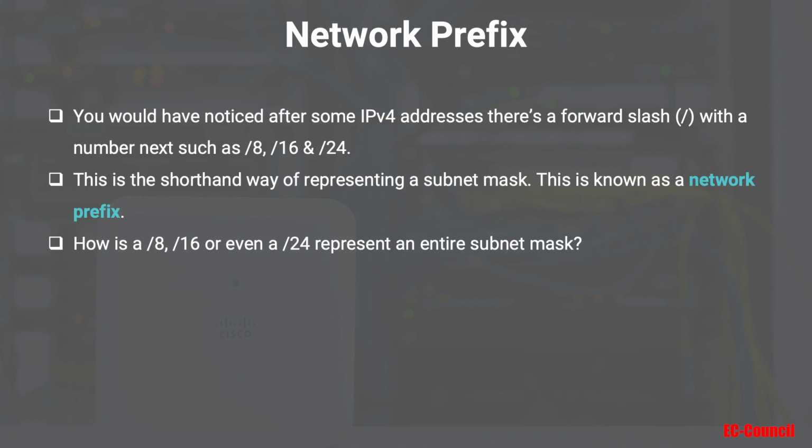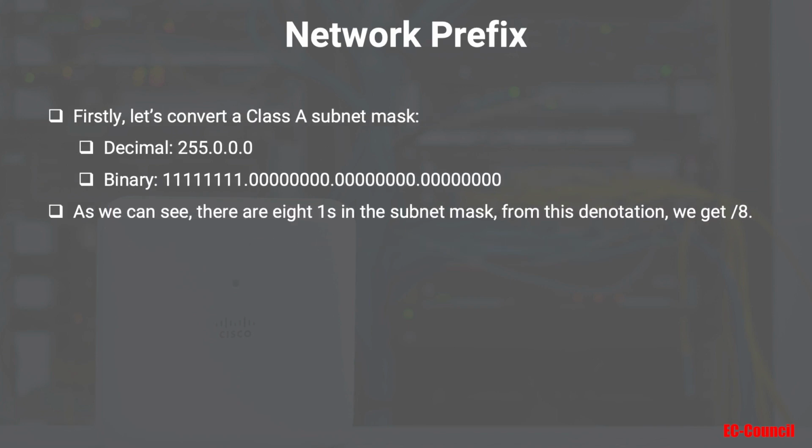So let's take a look at how we determine this. Let's say we have a Class A address of 10.10.10.1/8. Let's take a look at the default subnet mask for a Class A address, which is 255.0.0.0. We can simply convert this decimal into binary, and we'll get 8 ones for the first octet, and for each of the remaining octets we have 8 zeros, 8 zeros, and 8 zeros.